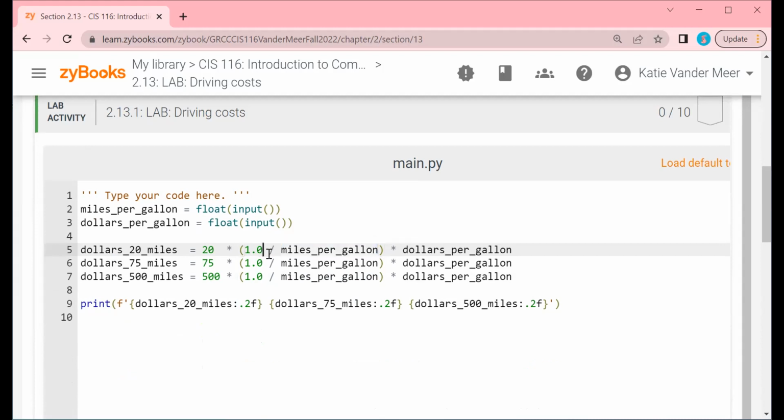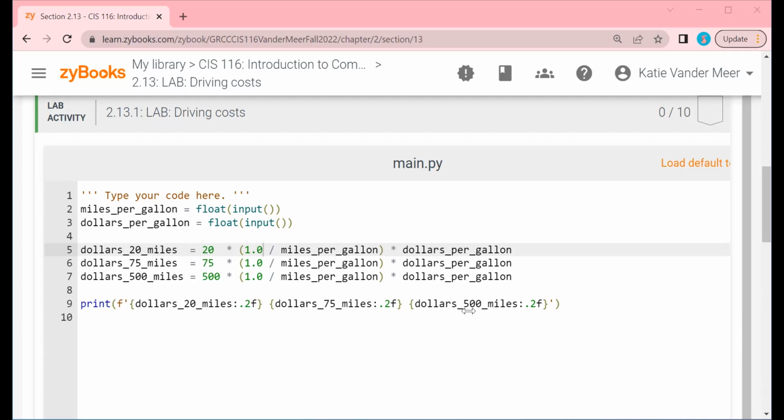Oh, we have to divide by 1 because if you just get out your calculator, you didn't put that in, you said 20 times 20 times 3.1599, you're going to get a pretty large number.